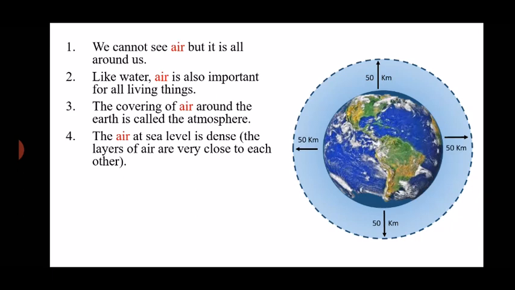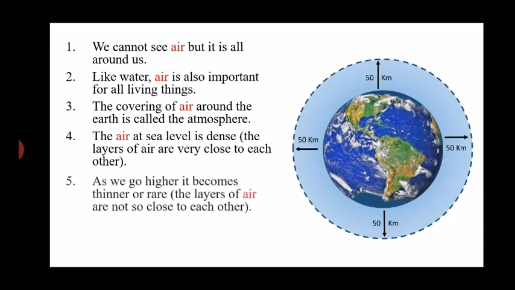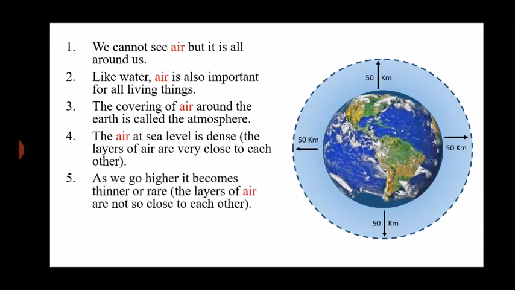The air at sea level is dense, which means the layers of air are very close to each other. Children, dense means the layers of air are very close to each other, and rare means the layers of air are far from each other.